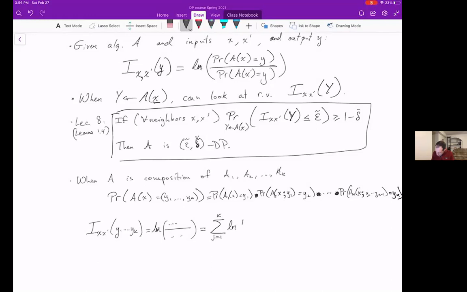On top we get the probability that Aj of X, once we've fixed Y1 to Yj minus 1, produces Yj, over the probability that Aj of X prime, given the same stream of outputs Y1 through Yj minus 1, would produce the same output Yj.